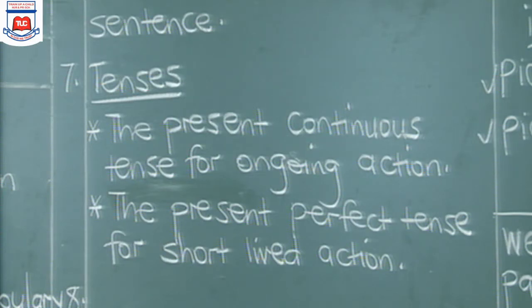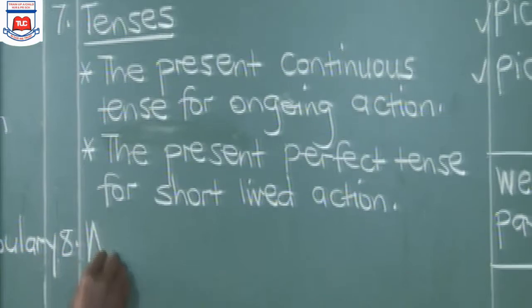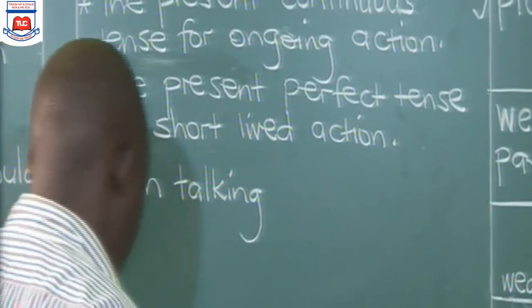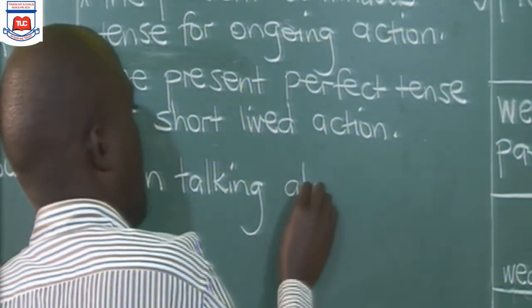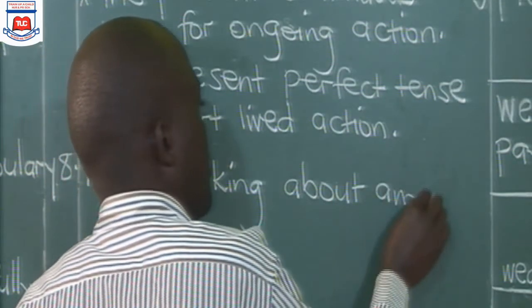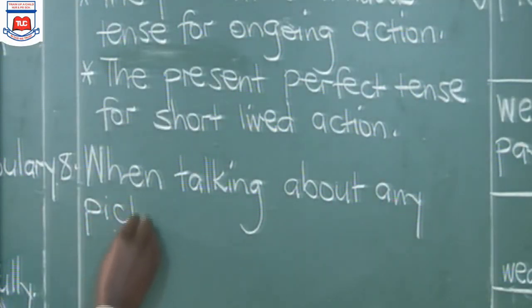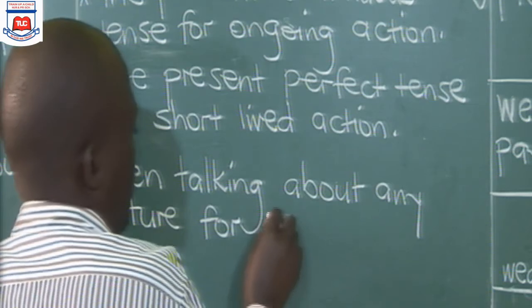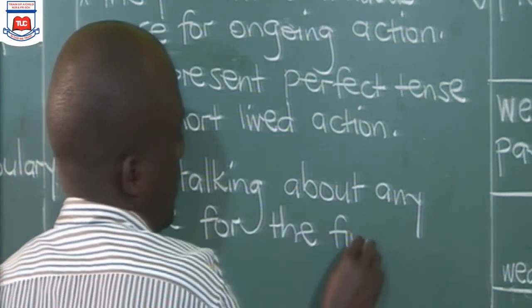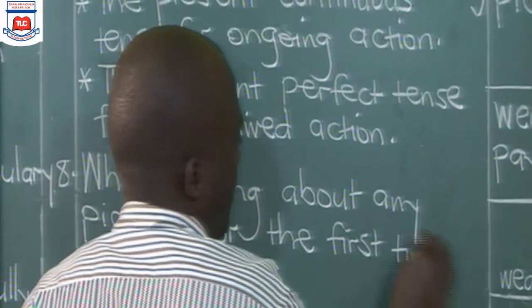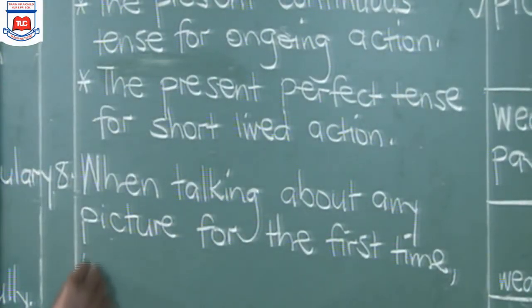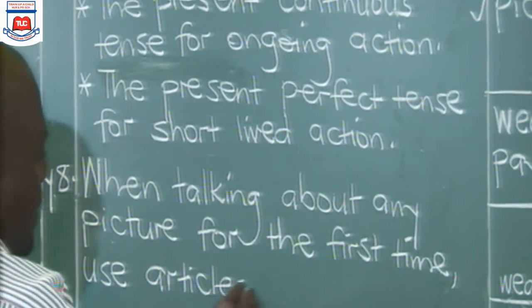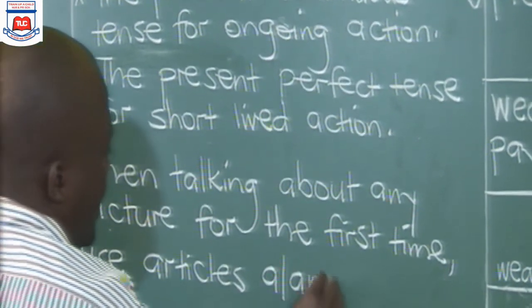After that, we also go to the next step. When talking about any picture for the first time, use articles "a" or "an."